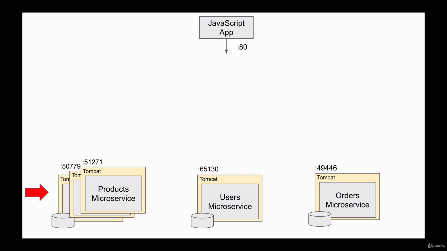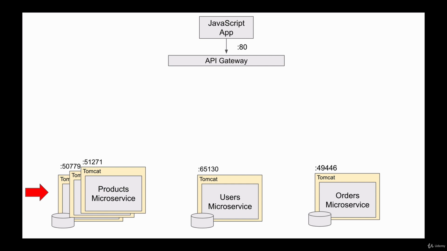So how do we make our JavaScript application communicate with a destination microservice if they all run on unique random port numbers? We cannot hard code all of these port numbers in the JavaScript application because if our microservice restarts, it will restart on a new port number, and the JavaScript application is not aware of that new port number. So what do we do? The solution is to use an API Gateway.